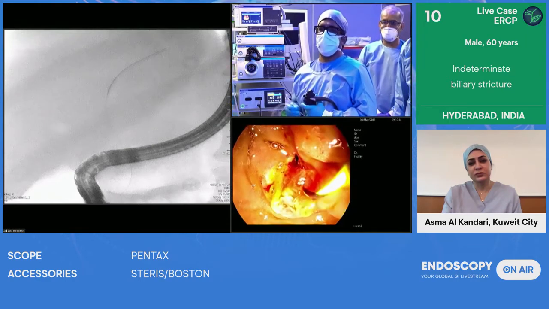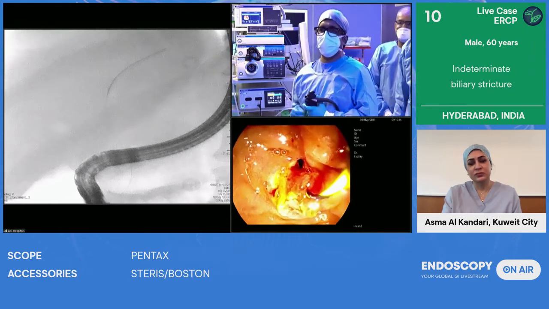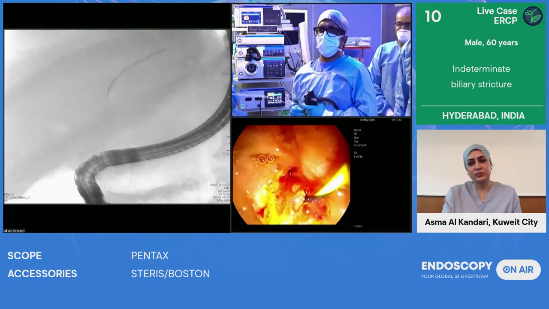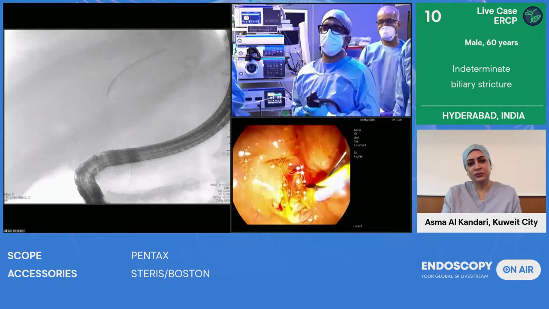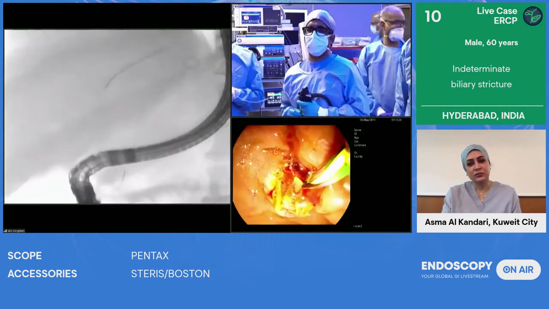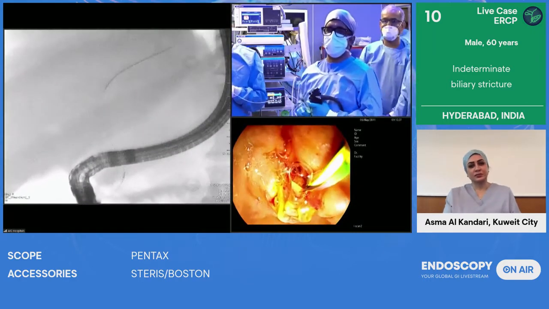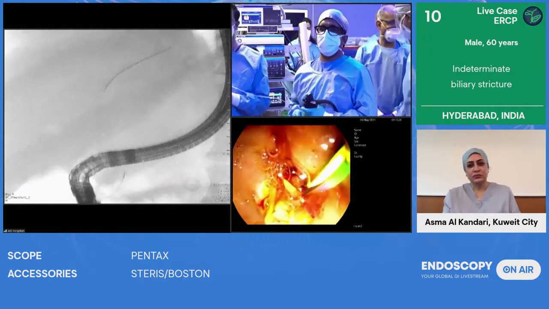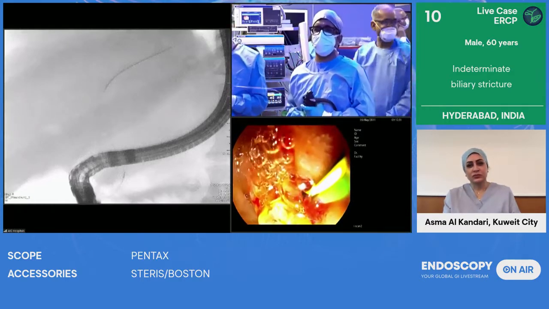Because this patient has an indeterminate biliary stricture, and there are many definitions now we are using for indeterminate biliary stricture. In fact, we did a randomized control trial where we defined the indeterminate stricture in the conventional way.